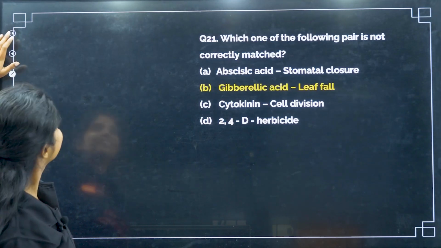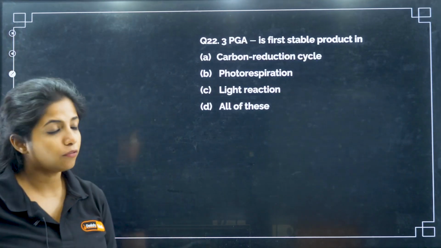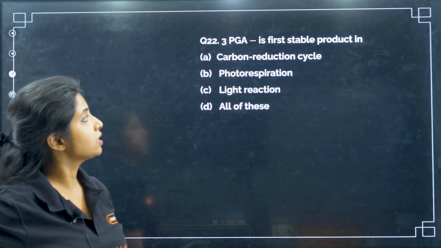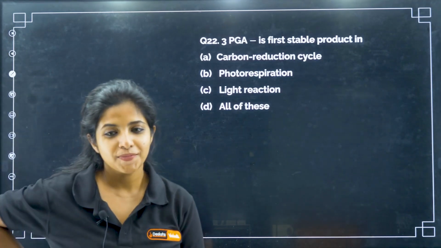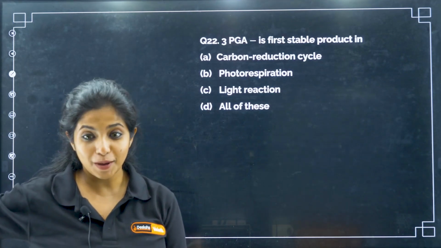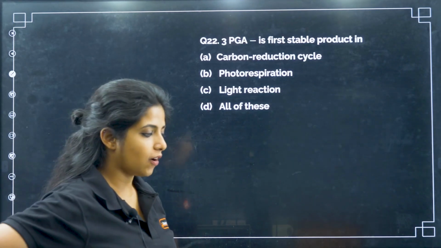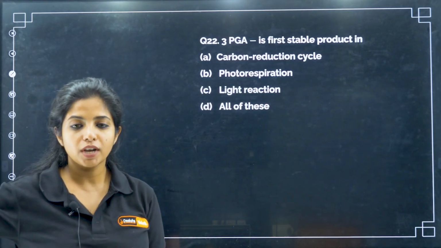Okay. Next question. 3-PGA, that is 3-phosphoglyceric acid or phosphoglycerate, is the first stable product in carbon reduction cycle, photorespiration, light reaction, all of this. The carbon reduction cycle, or you also call it the Calvin cycle, if you remember, you have RuBP, ribulose bisphosphate. What happens to ribulose 3,5-bisphosphate?